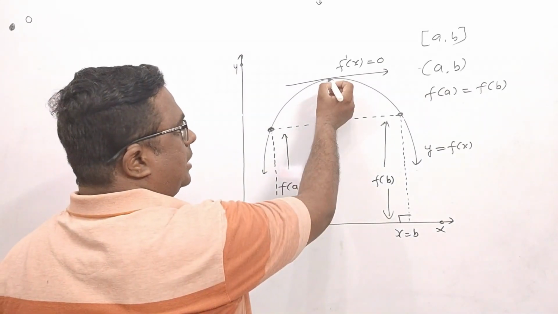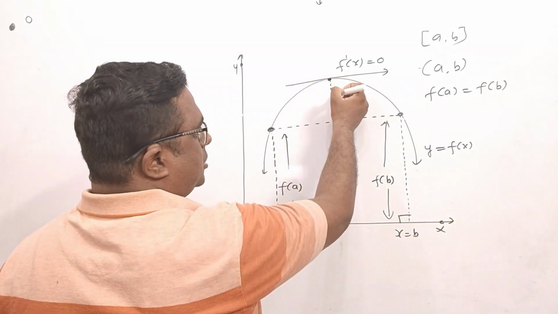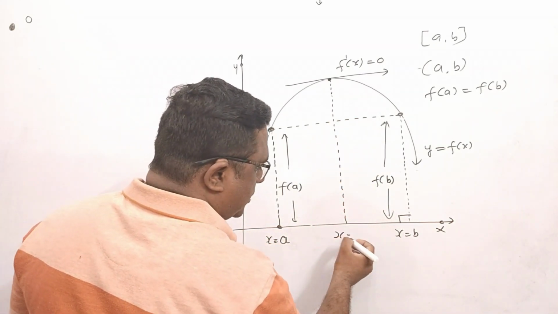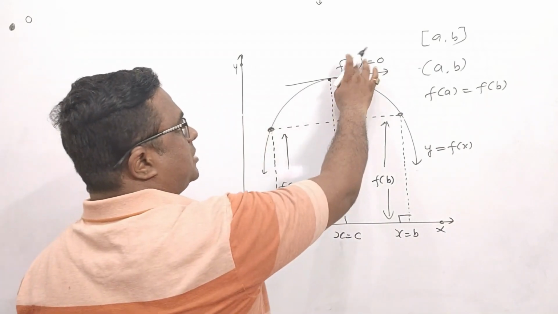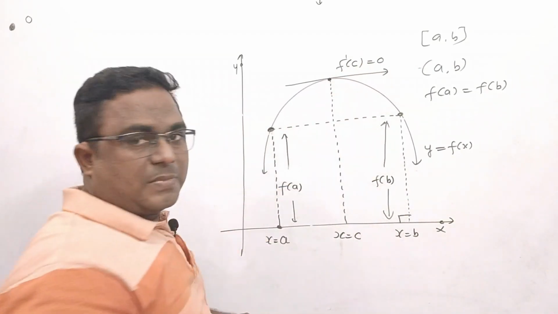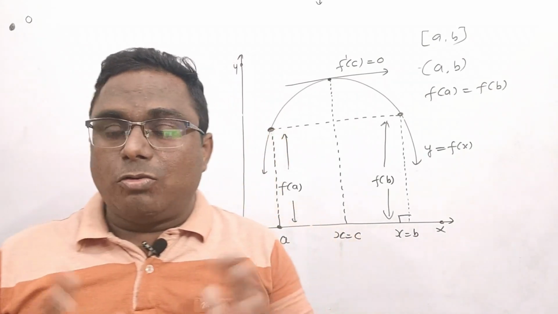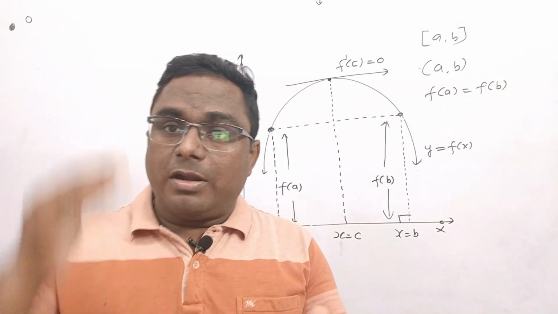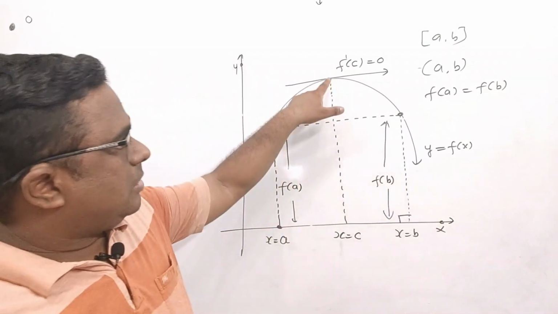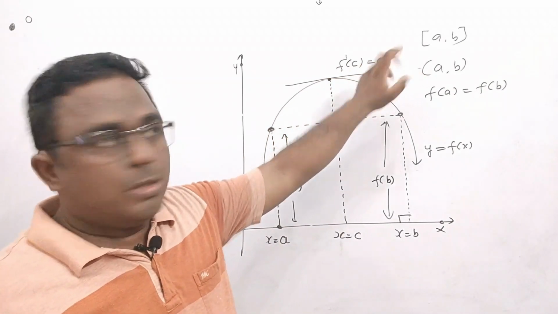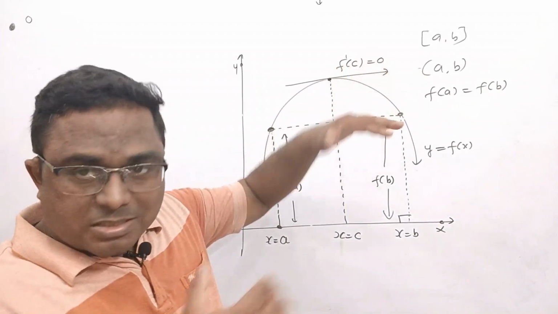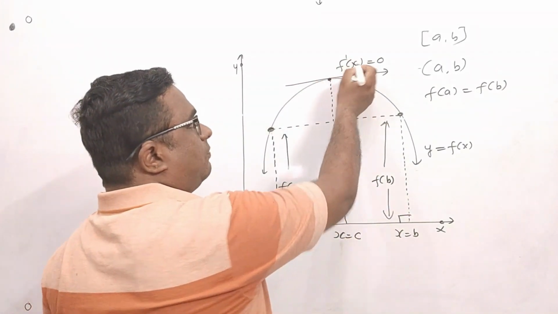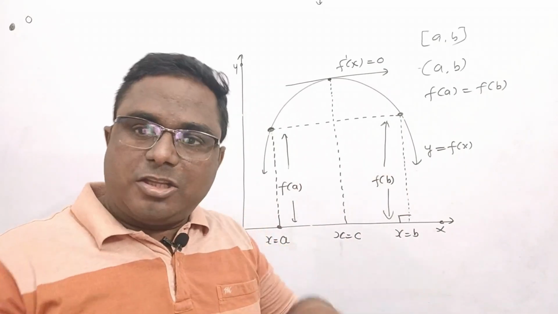Now let us consider that this point of contact is actually at x equal to c. So the slope of the tangent will be denoted by f'(c). And what was the conclusion of Rolle's theorem? That you will get at least one value of c where f'(c) becomes 0. So at this point f'(c) has become 0. Why am I writing c inside f'? Because f'(x) is the slope of the tangent at every point, at a general point.